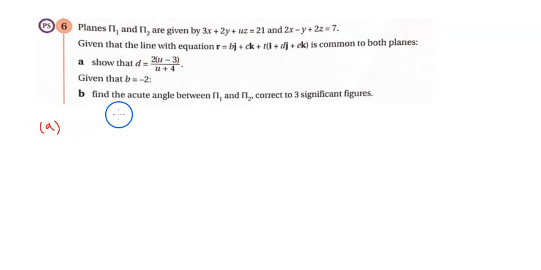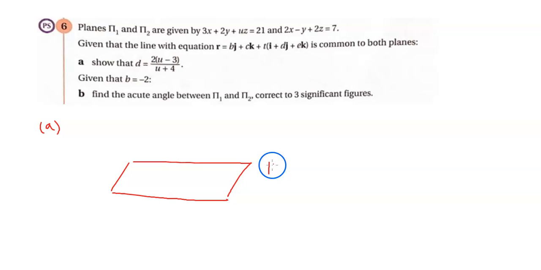Okay, so the first thing to realize here, if we do have two planes, so let's say this is pi1, and then pi2 intercepts it like this.